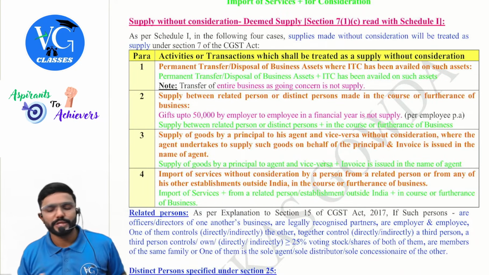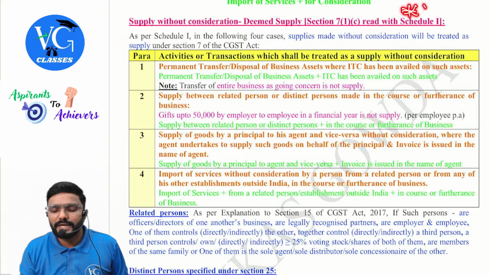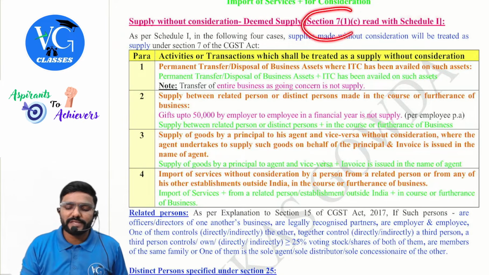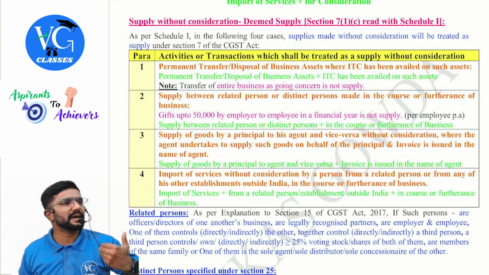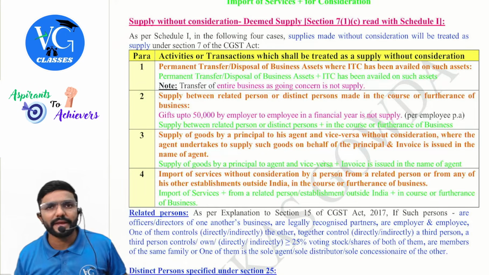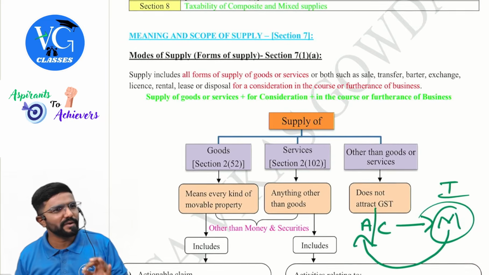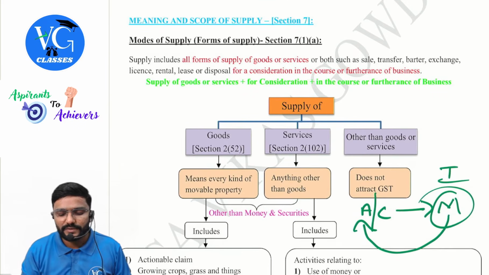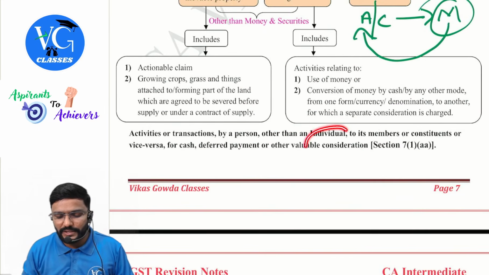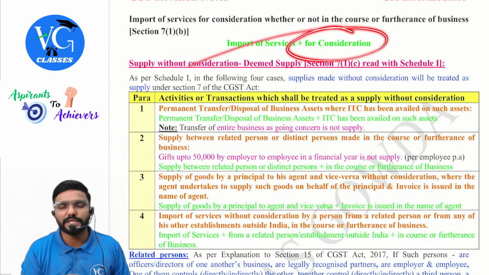Okay. Next, important. Sir, as per section 7(1)(c), they are telling that a few activities or transactions are treated as supply even without consideration. Guys, for all the above points, one important thing was consideration. Here also consideration.